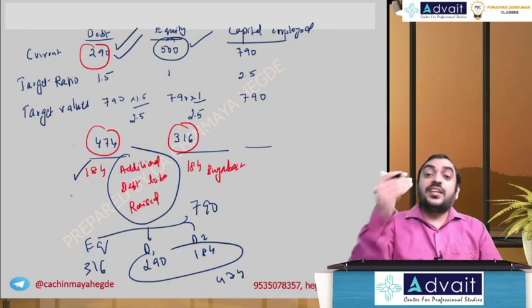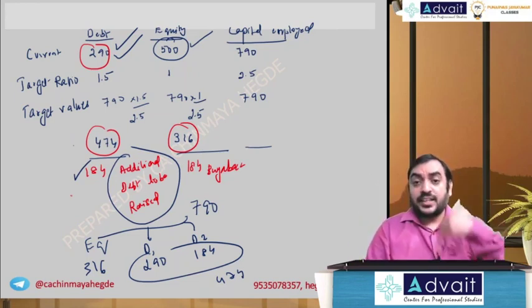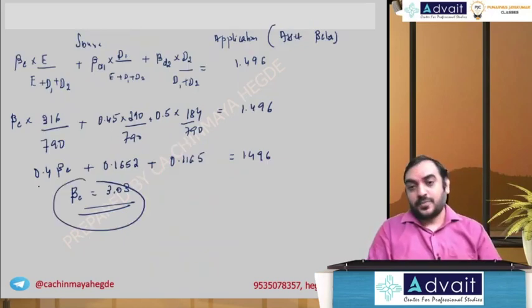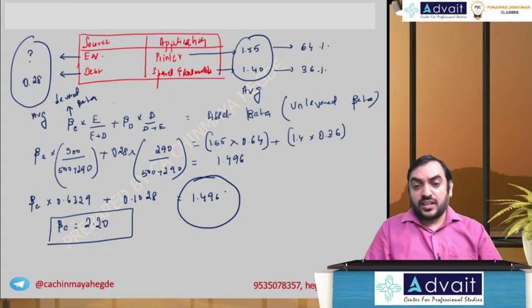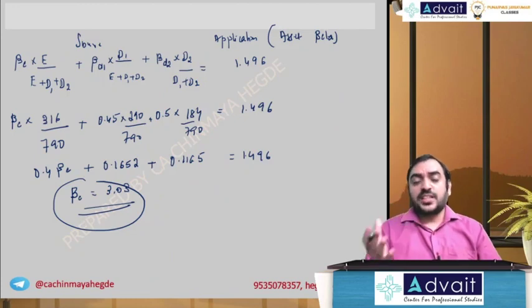When you increase the debt equity ratio, obviously it means you are taking higher risk, and that higher risk is reflected in higher beta. Previously you had 1.49, sorry 2.2 beta, and now you have 3.03 beta. So because you're increasing the debt equity ratio, higher risk is reflected in higher beta.